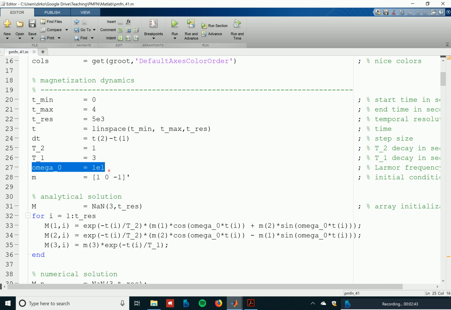Anyway, the omega 0 is just the product of the gyromagnetic ratio, which depends on the nucleus that you use. We assume we use whatever, so let's say protons, and multiplied with the strength of the magnetic field, which we also assume is whatever. So we assume omega 0 to be 10 in this case.